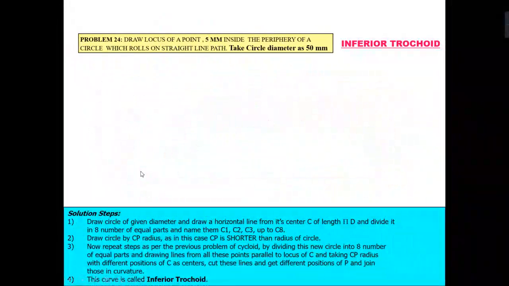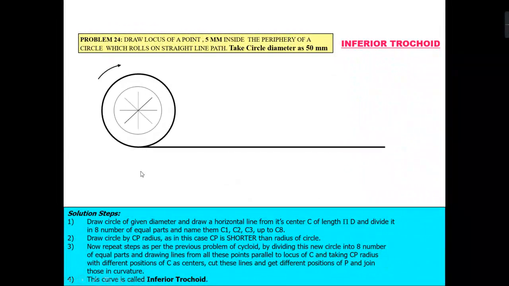In the same way, there is the interior or inferior trochoid. So this is your circle, and this time the point is 5 mm inside the periphery of the circle. So this distance is nothing but 20 mm.